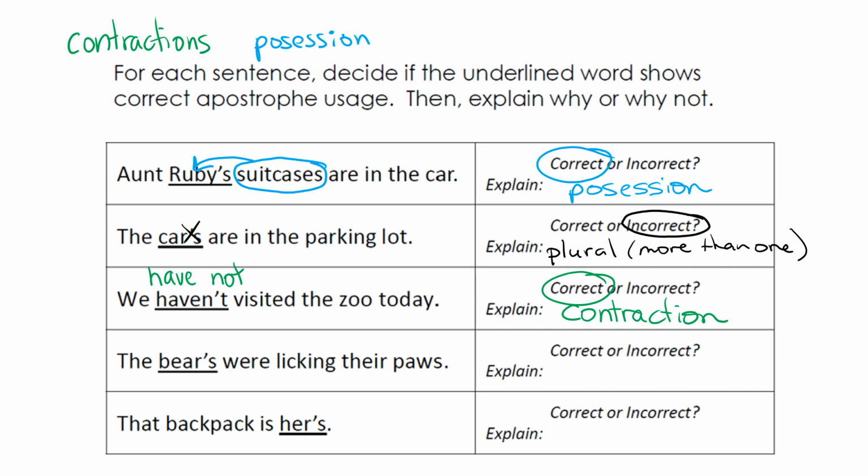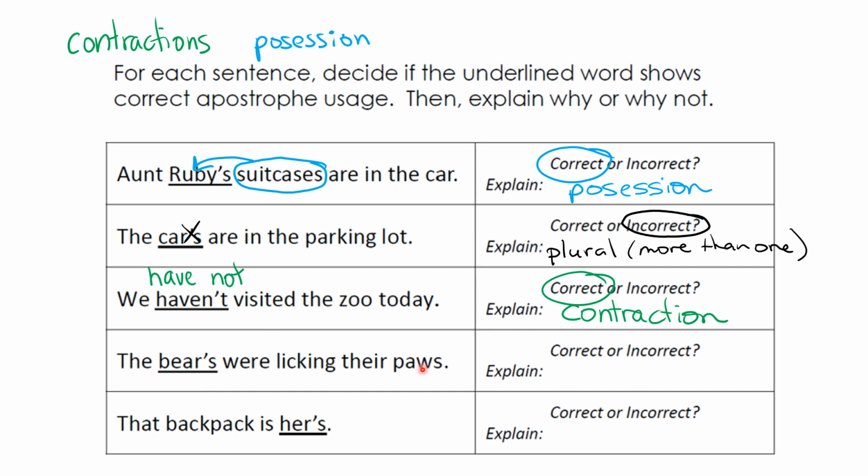All right, our next one is the word bears. The bears were licking their paws. And I have to ask myself, is this a contraction? Am I trying to say bear is? The bear is were licking their paws. No, that doesn't make sense. Is it possession? Does something belong to the bear? Like, does it say the bear's paws? No, it doesn't.